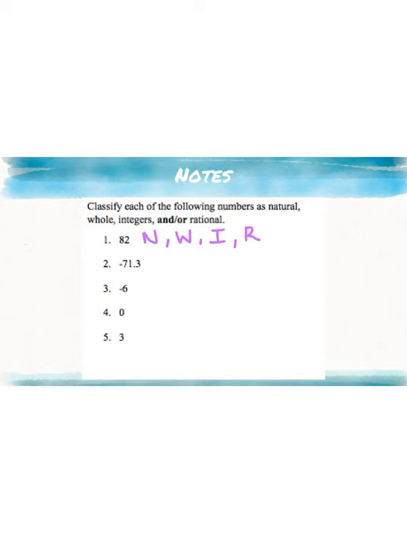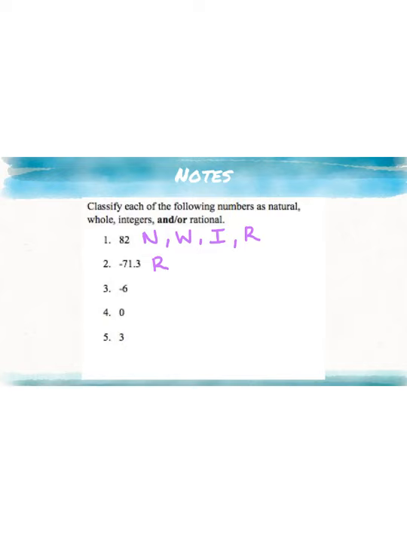The second number is -71 and 3/10. This is a decimal number. Therefore, it can only be a rational number. The third number is -6.